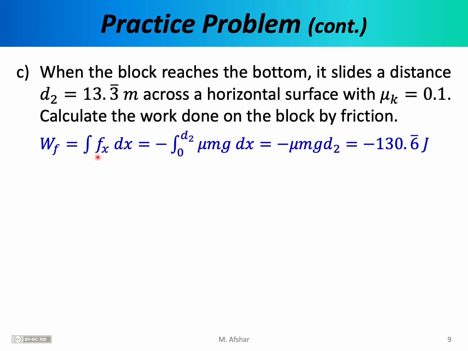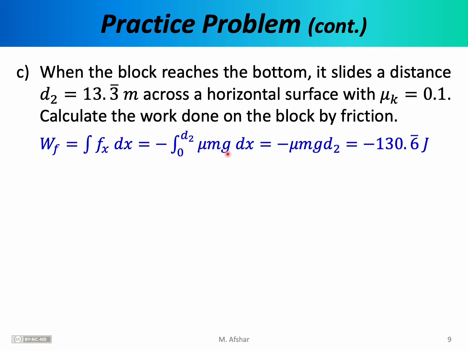Remember that the magnitude of friction is mu mg, at least on a horizontal floor, and its x component is going to take a minus sign in front. The x component of the force of friction is pointing to the left, so we say minus mu mg. If you want, you can also write this integral as mu mg times cosine of 180. The cosine of 180 is going to give you this minus sign in front.